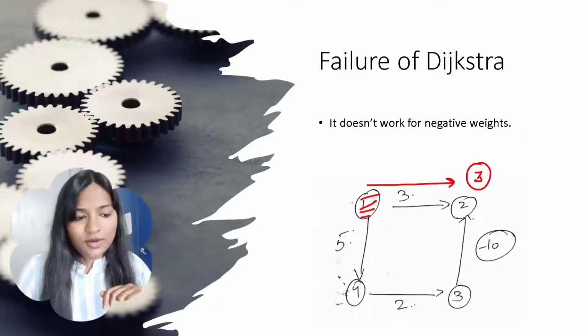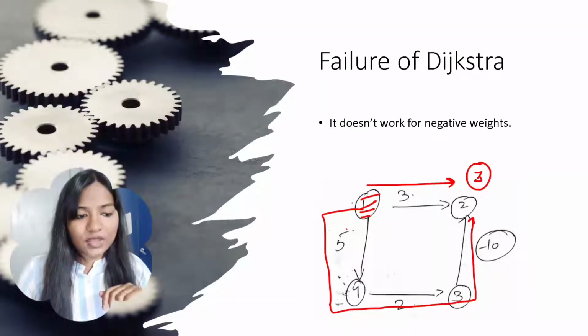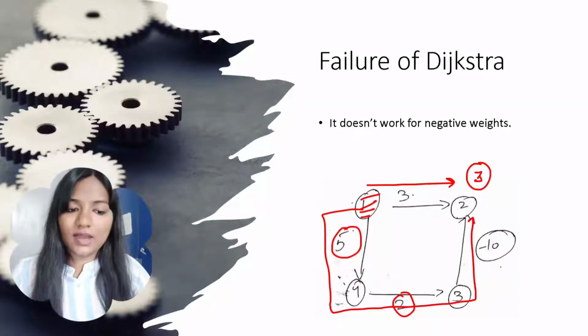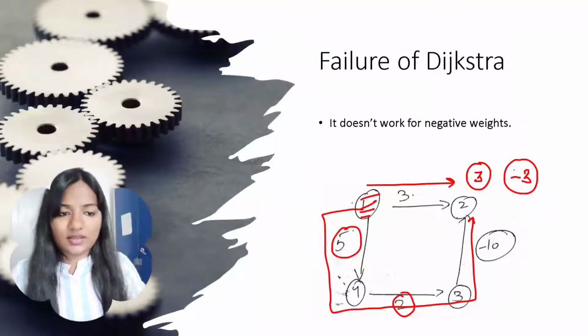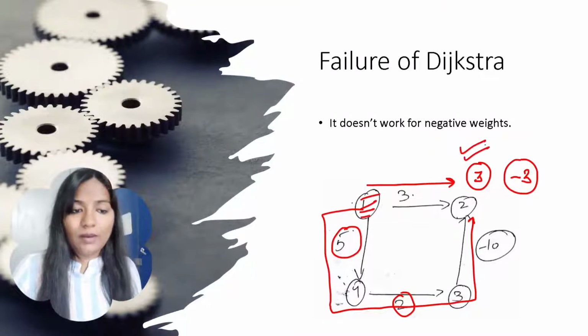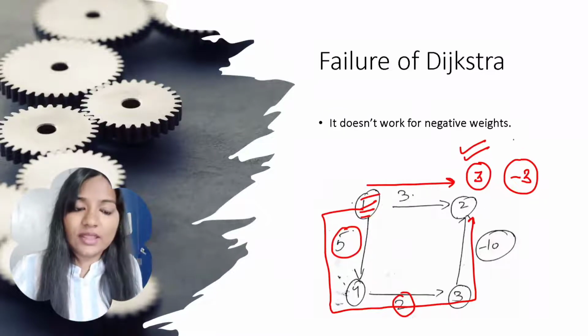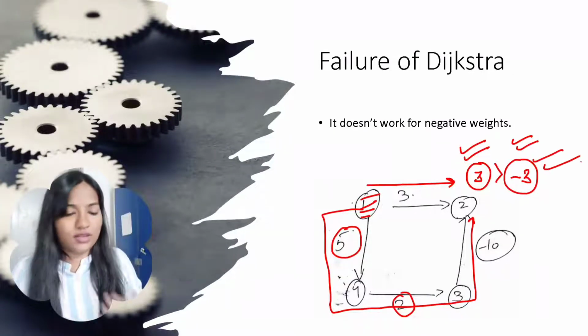That's 3. But if I'm going through this particular path, what will be the distance? 5 plus 2, that's 7. 7 plus minus 10, that's minus 3. But according to Dijkstra, what will I get? 3. But what is a better optimal solution I have through this graph? That's minus 3, because minus 3 is smaller than 3. And I need the shortest one.